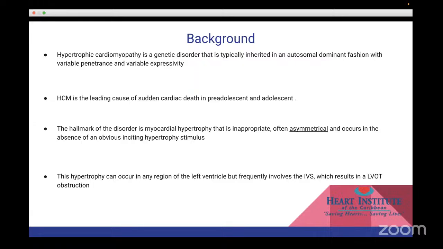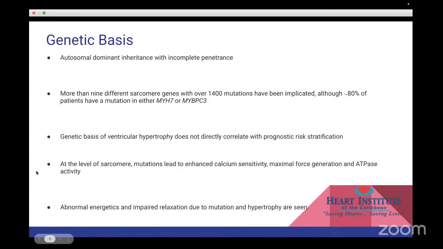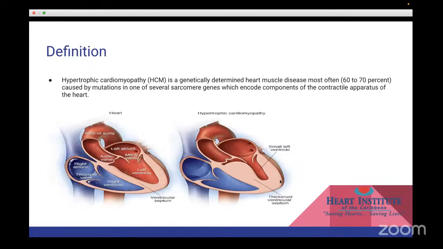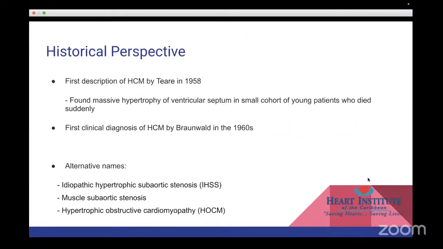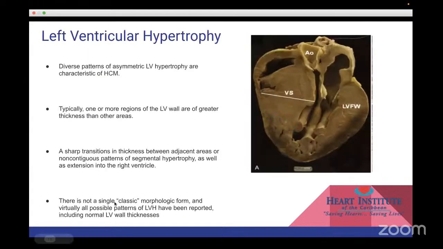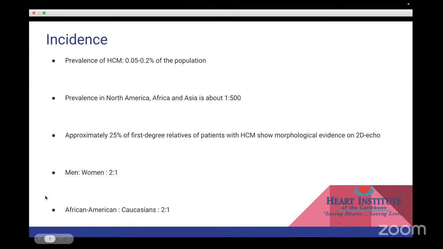The hypertrophy can occur anywhere in the left ventricle, but predominantly it affects the interventricular septum. Can everybody see my cursor, by the way? Yes, okay, thank you. This results in left ventricular outflow tract obstruction.